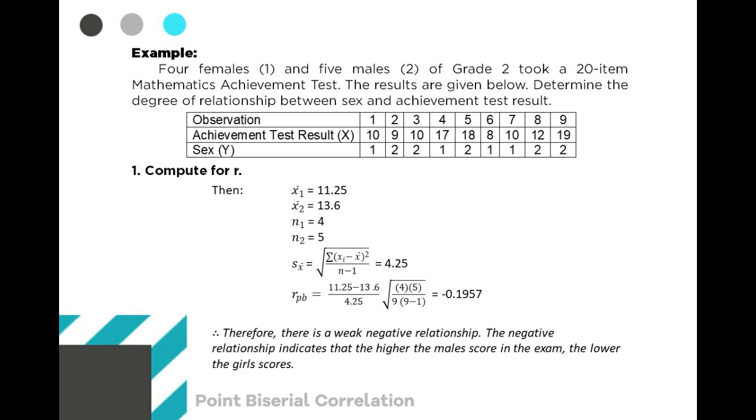So we can conclude that there is a weak negative relationship between our data, sex, and the achievement test results. The negative relationship indicates that the higher the male's score in the exam, the lower the girl's score.